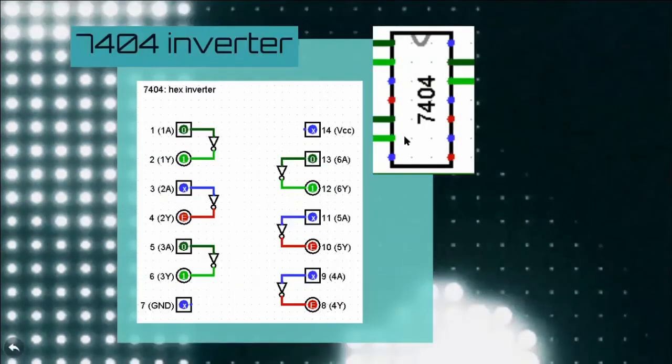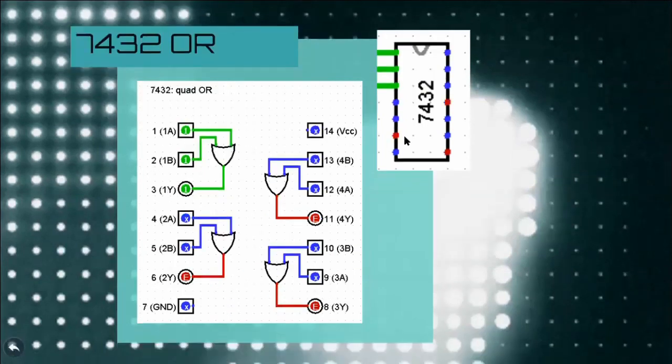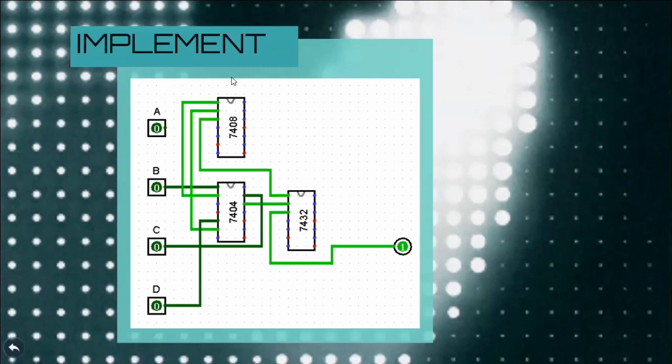That's the same thing for the inverter, and the same thing for the OR gates, or the 7432 integrated circuit. Now, we're going to do the same logic here. The difference is we're using a whole circuit just to use an individual gate, 1 or 2 here. So those gates inside of those chips go unused if we wanted to implement it at the gate level using those circuits.